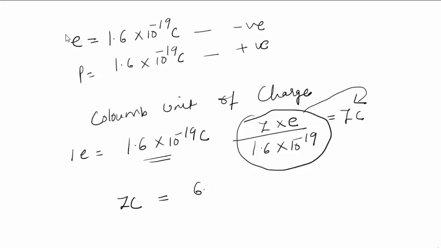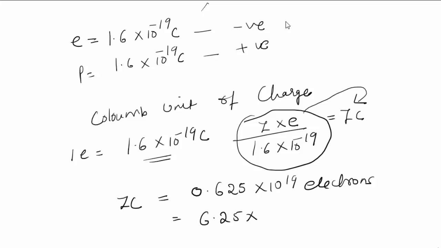Continuing, what you will get is something like 0.625 into 10 raised to 19, which is 6.25 into 10 raised to 18 electrons.